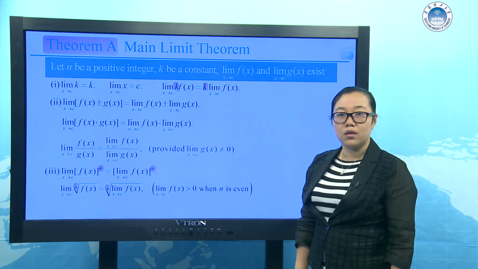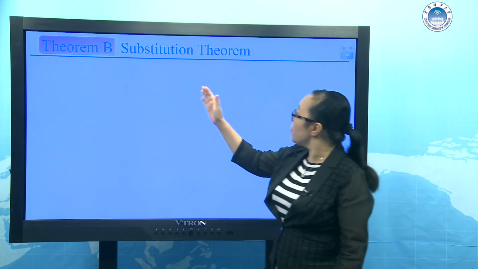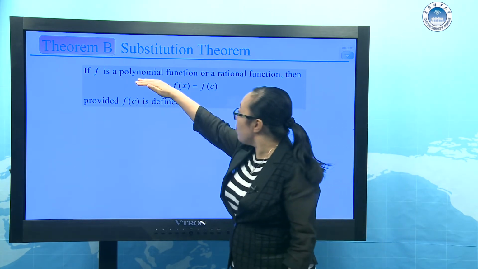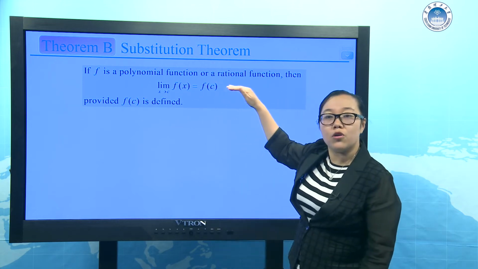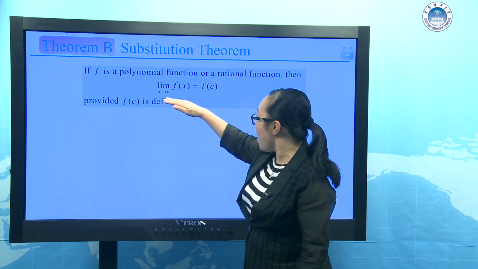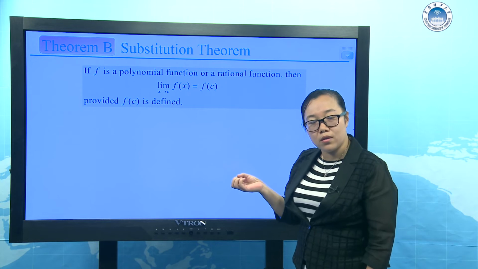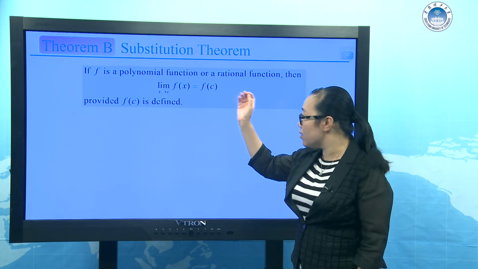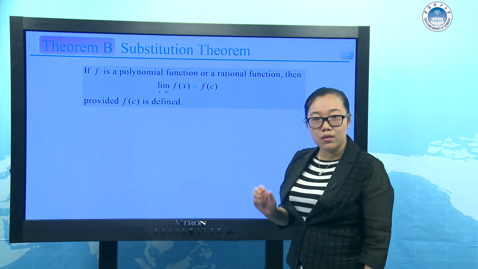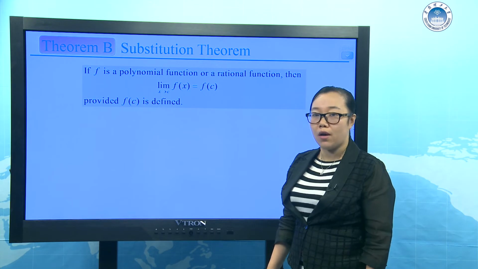According to the theorem, we'll look at Theorem B, the substitution theorem. If f is a polynomial function or a rational function, then the limit of f(x) as x tends to c equals the value of the function at the given point c, provided f(c) is defined. This means c is in the domain of f(x).